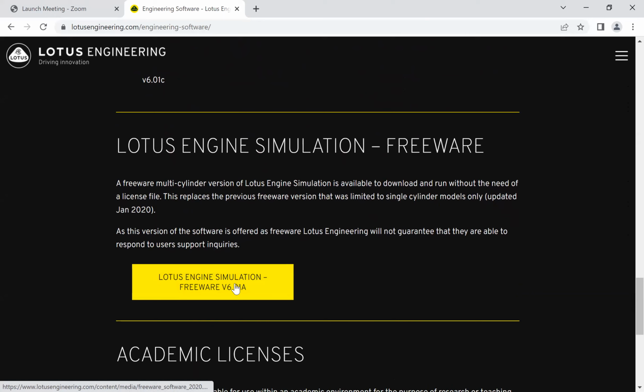Please download this, and this is a very good software. How many of you have played Angry Birds? Okay, since you have played Angry Birds, you can use Lotus simulation software.